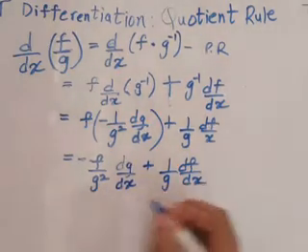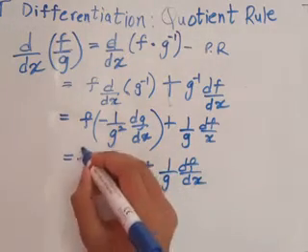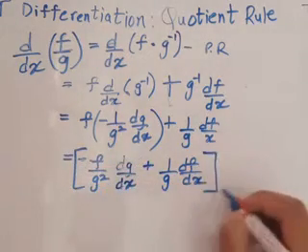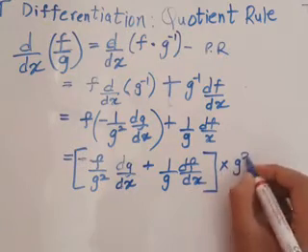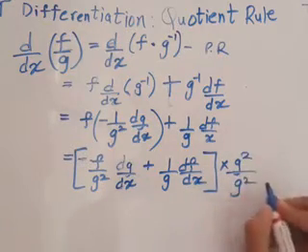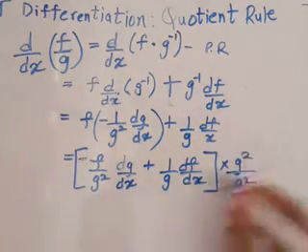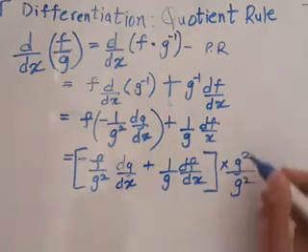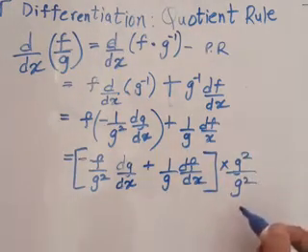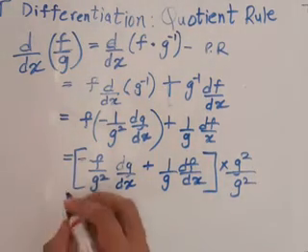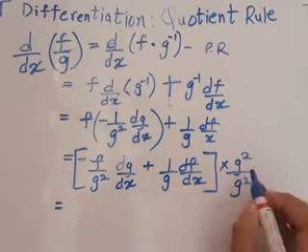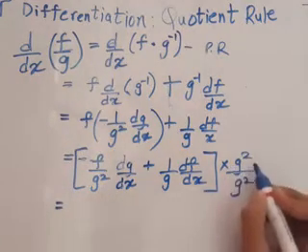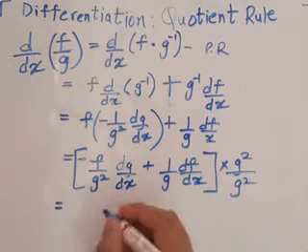Now what I'm going to do is multiply this entire thing with g square upon g square. So basically this is just equal to 1, so it's like multiplying the whole thing with 1, but I write 1 as g square upon g square, as you'll see why. Now this upper g square, I'm going to move it into the bracket.